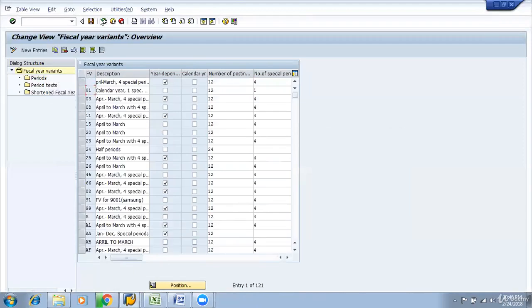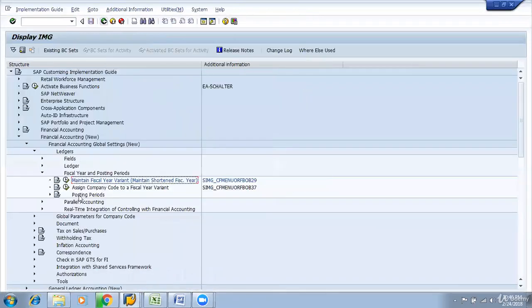So let's get back. The next step is to assign the company code to a fiscal year variant. We have created a fiscal year variant, but it's of no use unless you assign it to a company code. So let's assign it to the company code, and the T code for this is OB37.